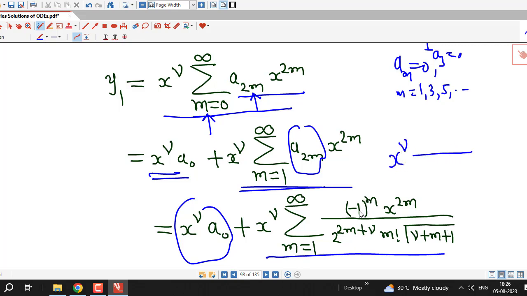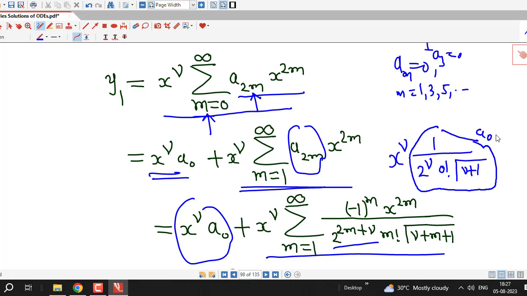For m equal to 0, minus 1 raised to 0 is 1, x raised to 0 is 1, 2 raised to 0 is 2 raised to nu, 0 factorial, and we have gamma nu plus 1, and 1 over 2 raised to nu gamma nu plus 1 is a0. So you can see, if I take m equal to 0 here, then also I obtain x raised to nu into a0.